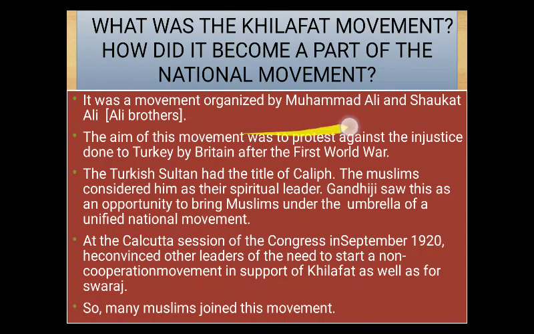It was a movement organized by the younger generation of Muslims, mainly the Muhammad Ali and Shaukat Ali brothers. The aim of this movement was to protest against the injustice done to Turkey by Britain after the First World War. The Turkish Sultan had the title of Caliph, and the Muslims consider him a spiritual leader. I have already told you.